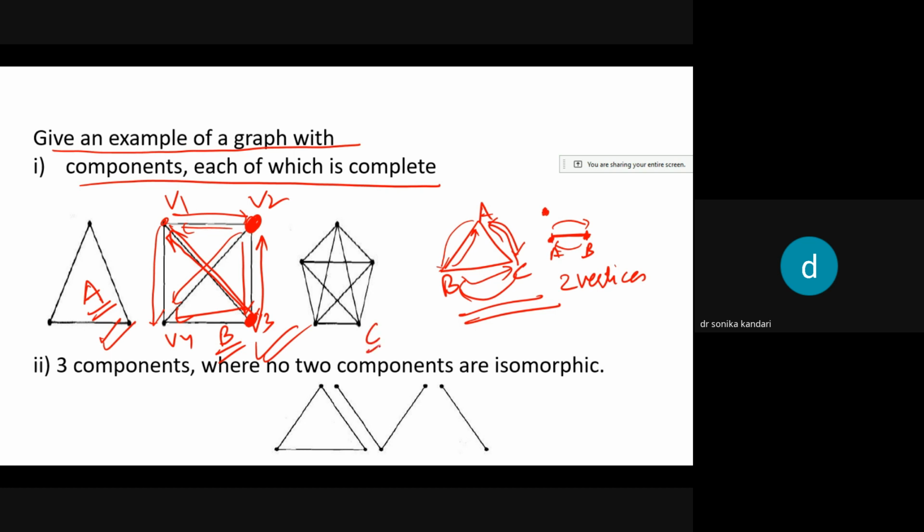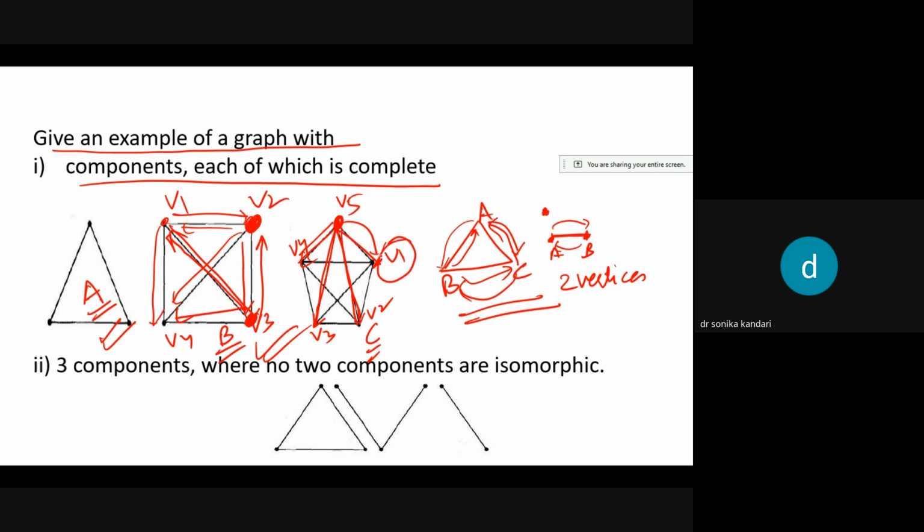Now coming on to C. V1, V2, V3, V4, V5. From V5, you can move to V1. You can move to V2 directly. They're adjacent. V3 is adjacent. V4 is adjacent.